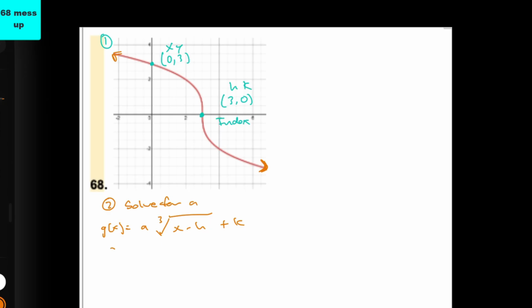Okay, so my y value is 3, x value is 0, h value is 3, and my k value is 0. Okay, so this is going to get us -3 plus 0.